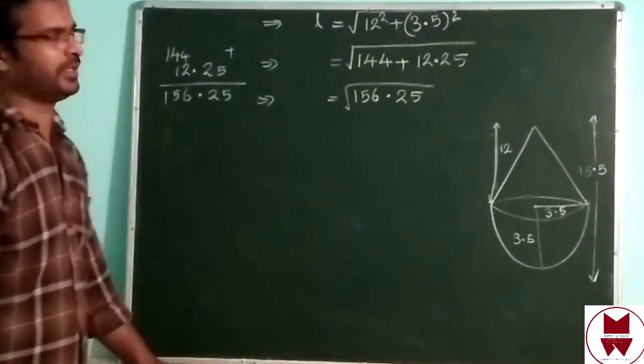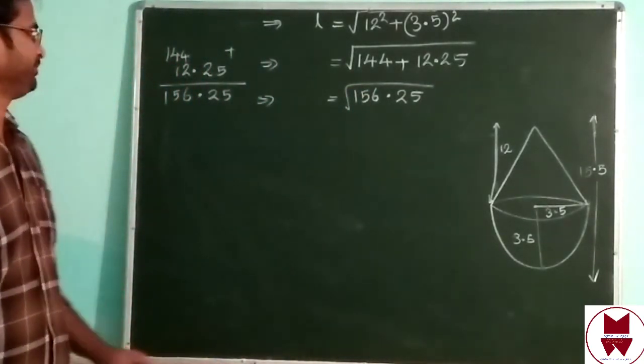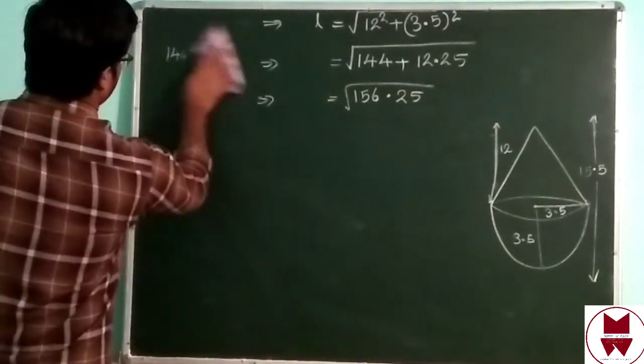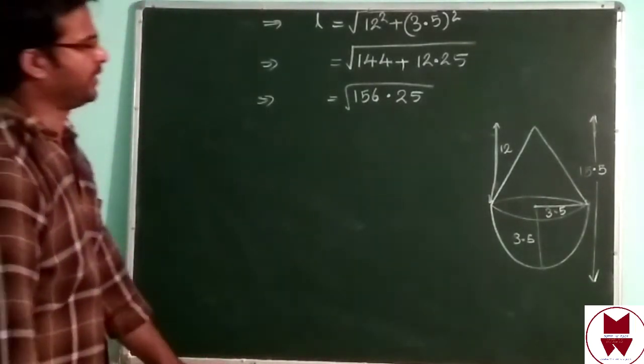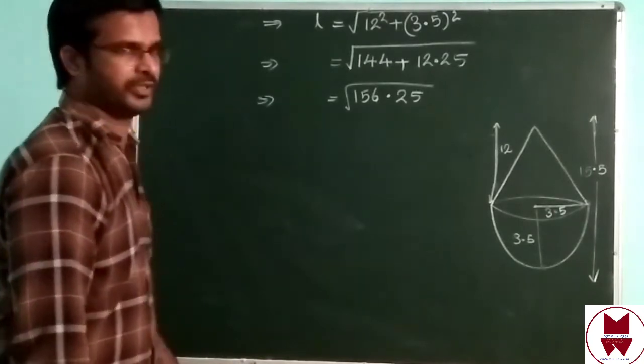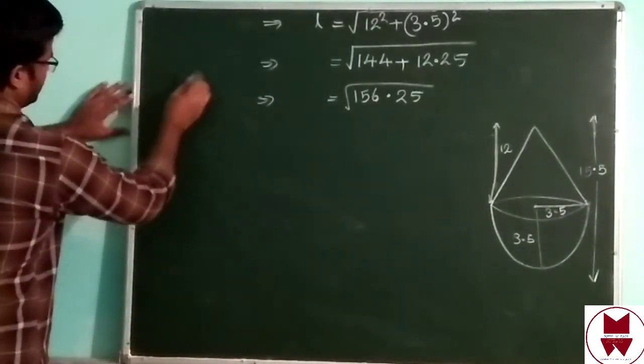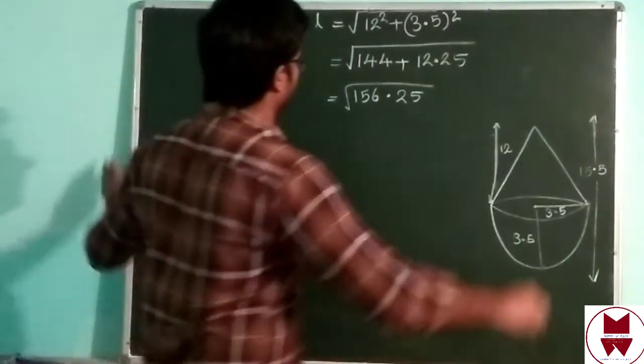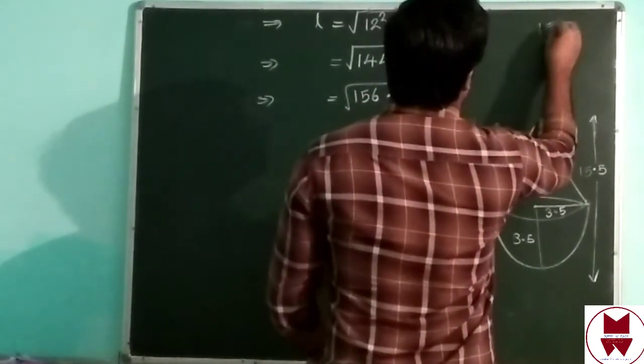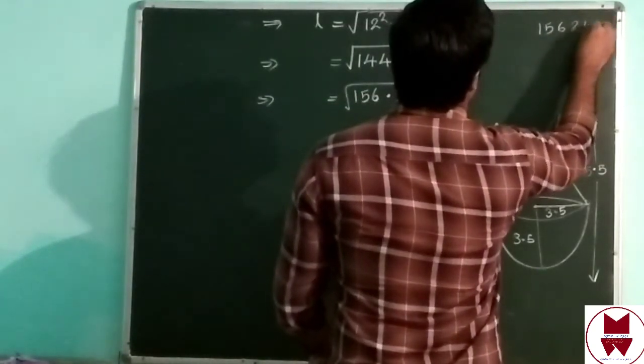Square root of 156.25. Then what is square root of 156.25? Just factorize this one. How can you factorize this? 15625.